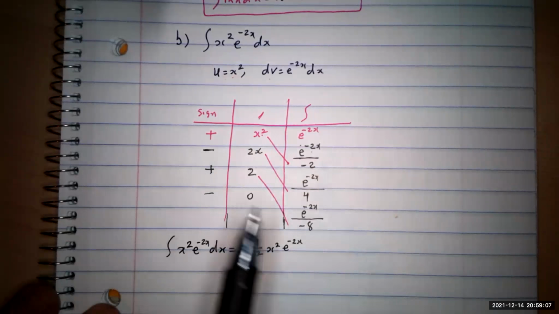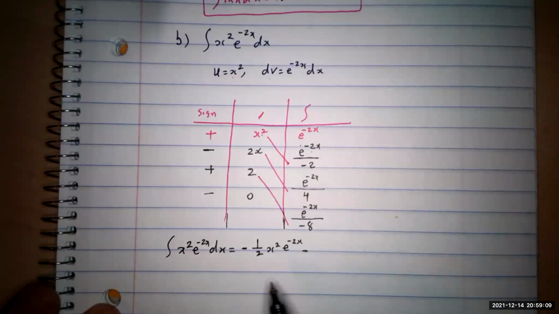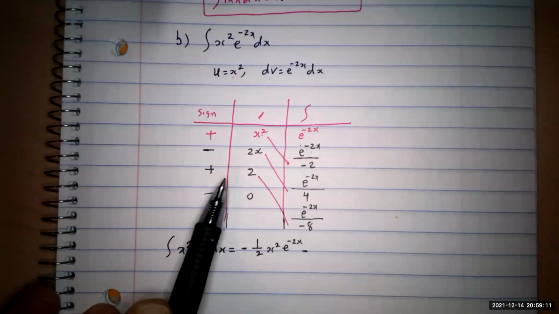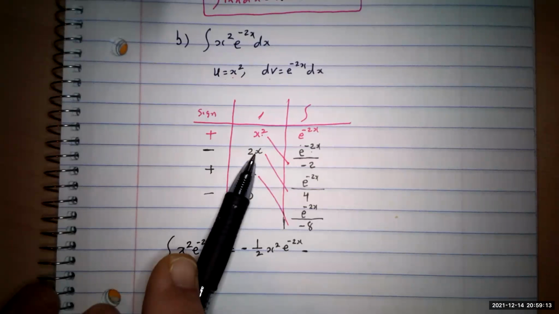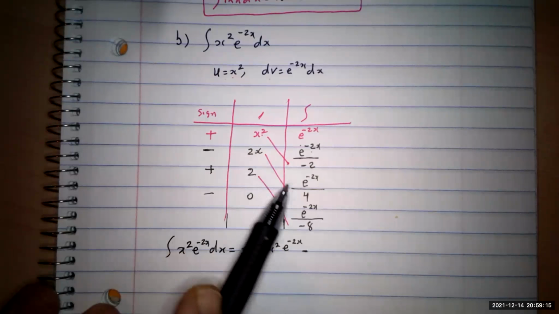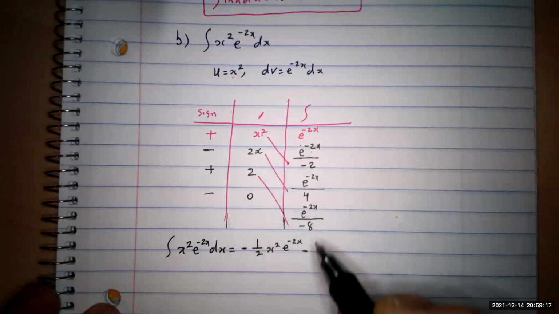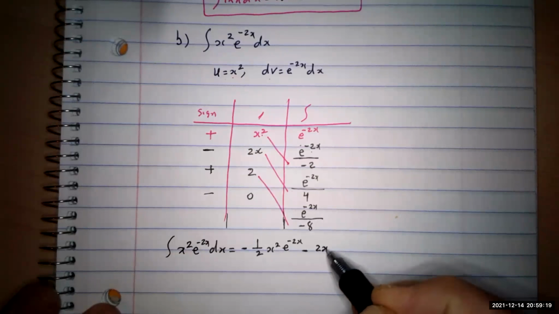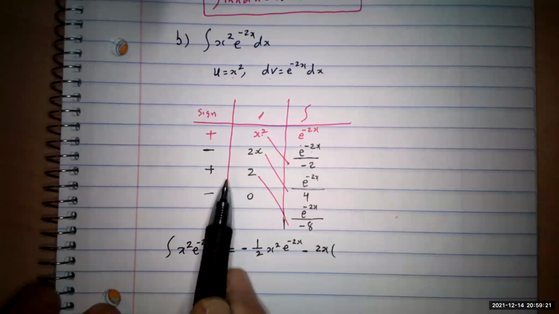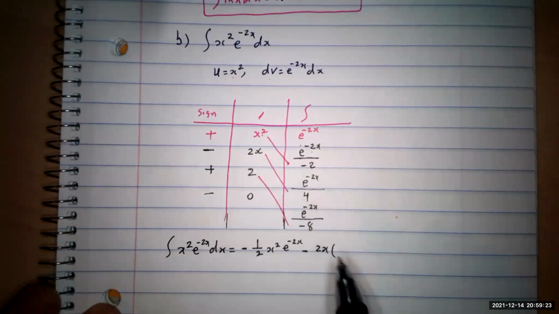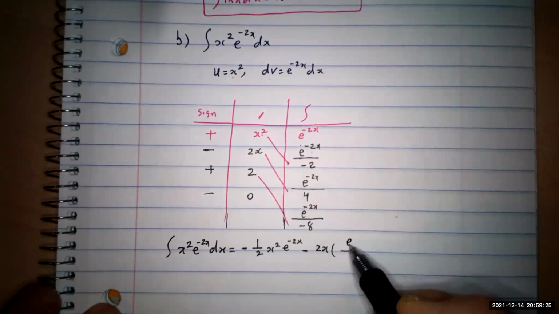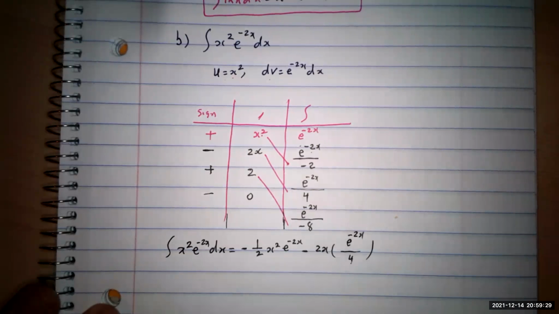Minus, the second one is this one, minus 2x times, I write it down so that you can see, 2x times e to the negative 2x divided by 4.